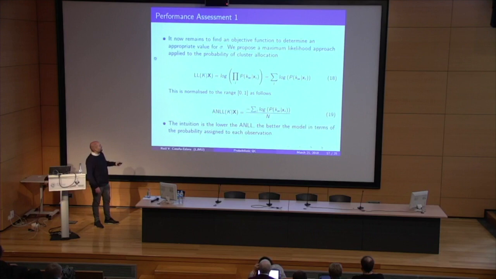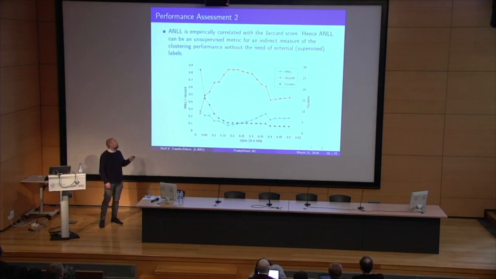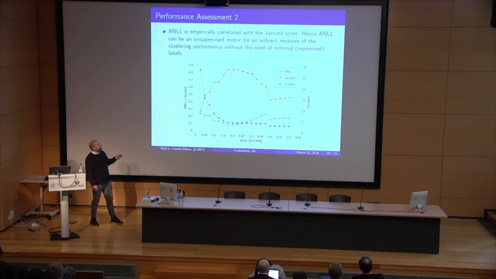The good news about that score is that it's empirically correlated with the Jaccard score. That score is unsupervised, and the Jaccard score is supervised. So without knowing anything about the true labels, we can find the best model.